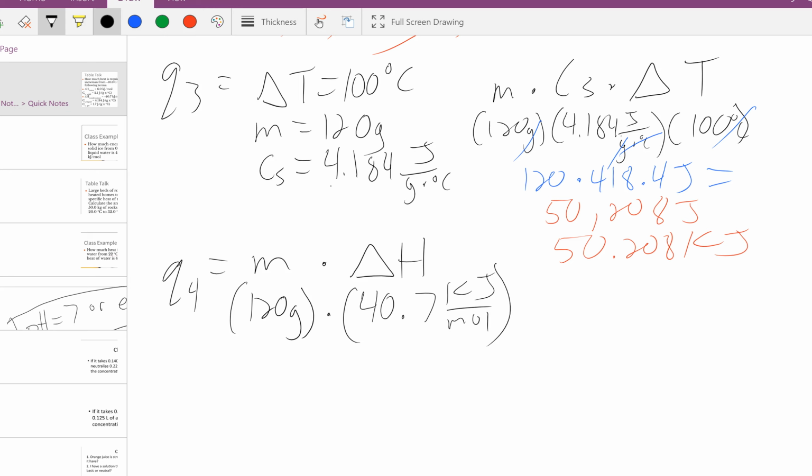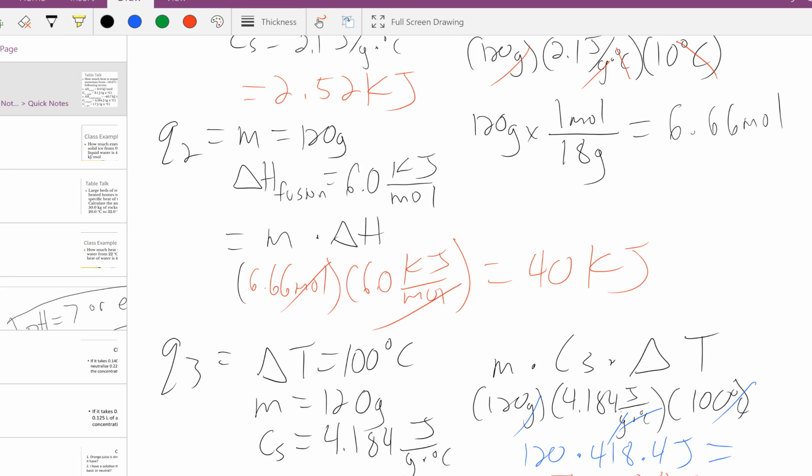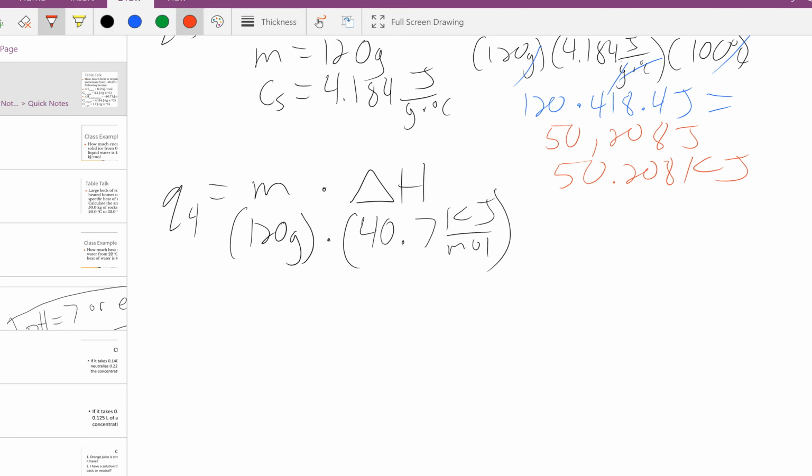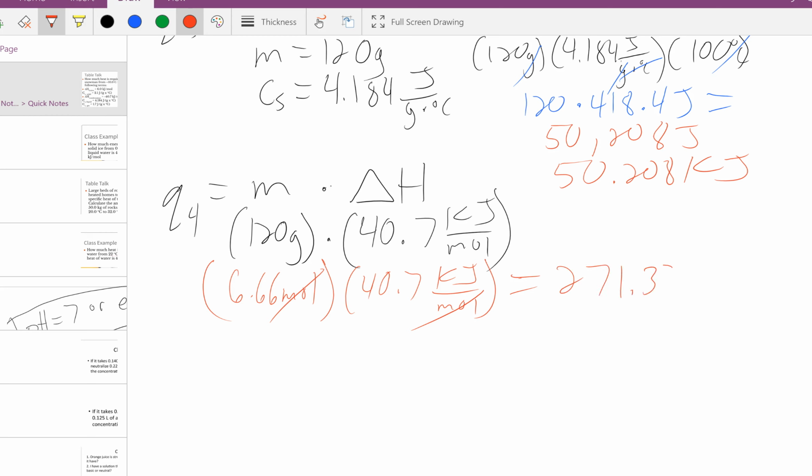Now, we already did the calculation to find out that 120 grams is equal to 6.66 moles. So let's just replace that. 6.66 moles times 40.7 kilojoules per mole. And when we do the calculation, 40.7 times 6.6666 comes out to about 271.33 kilojoules.